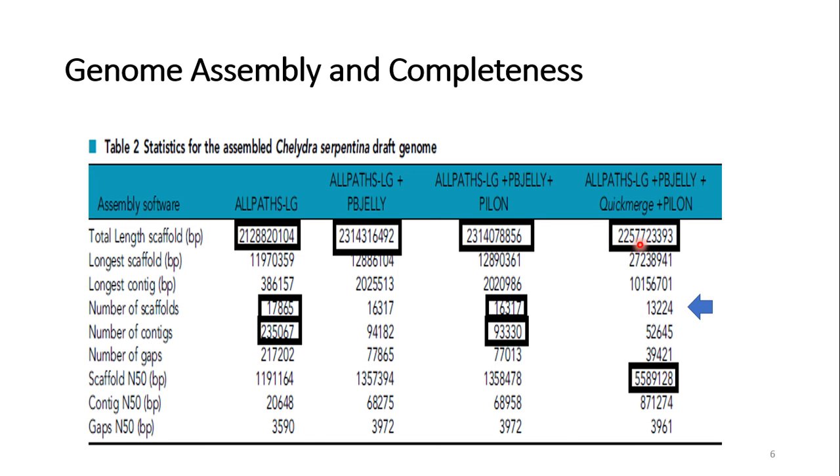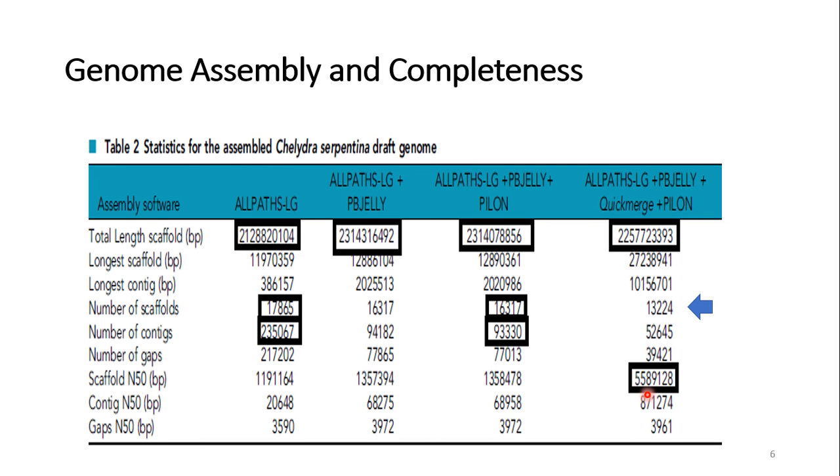The final draft of the genome integrated the nanopore long reads, with a size of 2.25 GB, and the scaffold N50 for the final genome is 5.59 MB, with the longest scaffold being 27.24 MB.